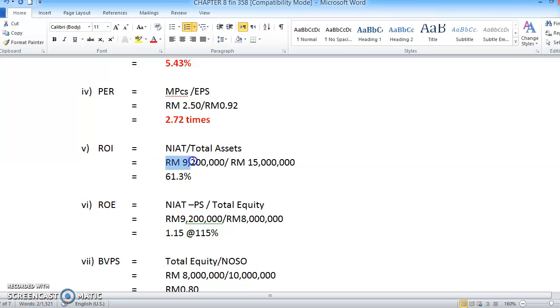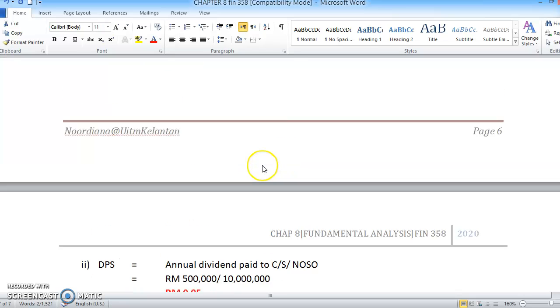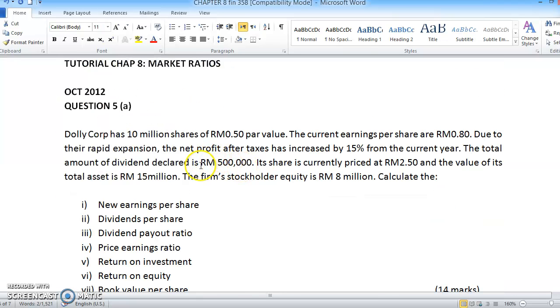So 9,200,000 divided by 15 million. It's already given in the question, it's stated over here. Its shares is currently priced at RM2.50 and the value of its total asset is RM15 million.